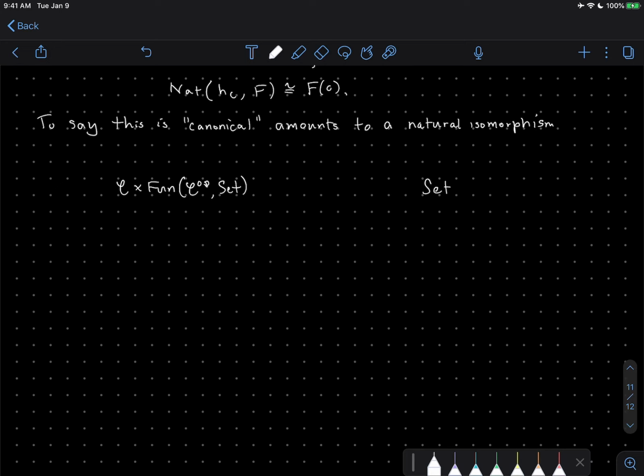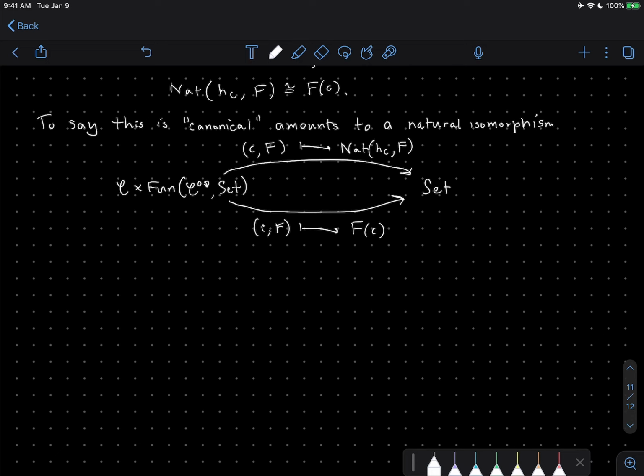And the first functor, what's that going to do? It's going to take a pair little c, comma F, to the set of natural transformations from h sub little c to F. And the other functor is going to take the same pair, c and F, to the set F evaluated at c. And that is to say that there is a natural isomorphism there.